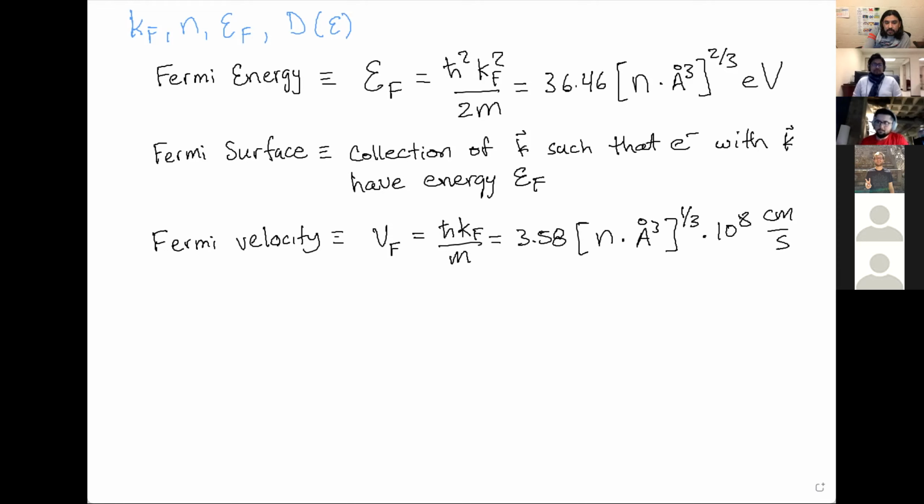So now, some values of n for some elements. The simplest one is lithium.